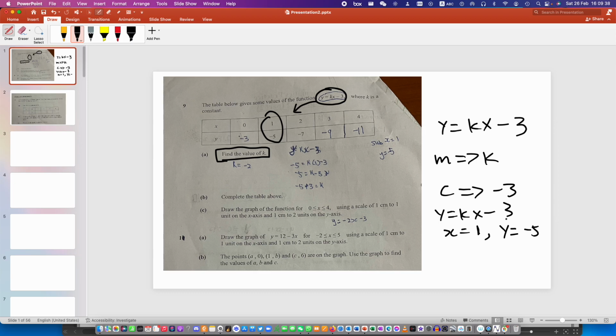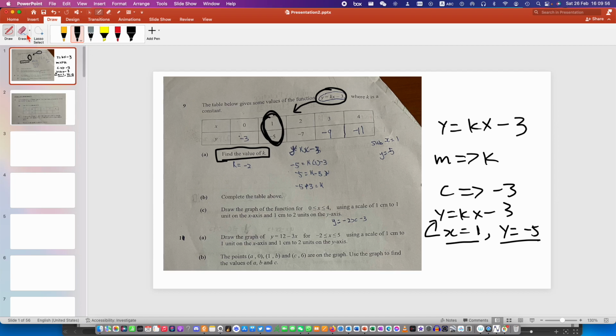Minus 5. I pick this. Are you clear? So if you put x is 1, your y is supposed to be minus 5. Are you clear?